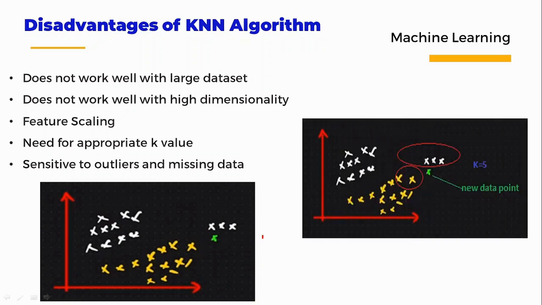At that time we will categorize this new data point as belonging to this particular one. Now we have taken the k value as 5. You can see with the help of this we are saying our green data point belongs to the white points, because they are nearest to it. So this is the outlier effect. KNN is sensitive to outliers.